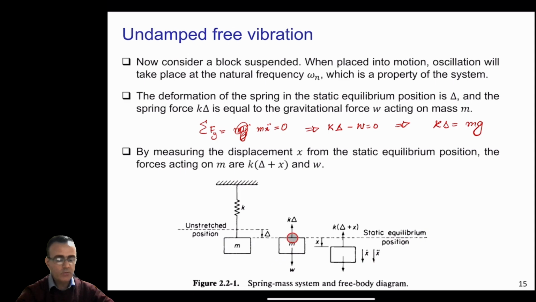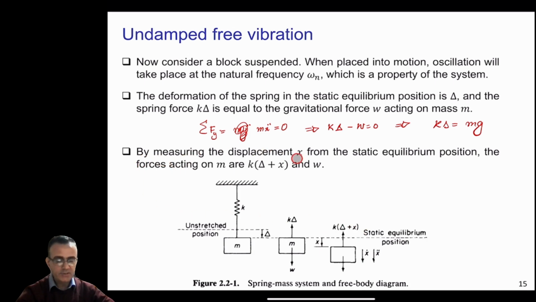But now we want to give this system some vibration. So we will displace it from this static equilibrium position, and this delta is already the deflection here, and you give it a deflection x from this position. So now the total deflection will be delta plus x.